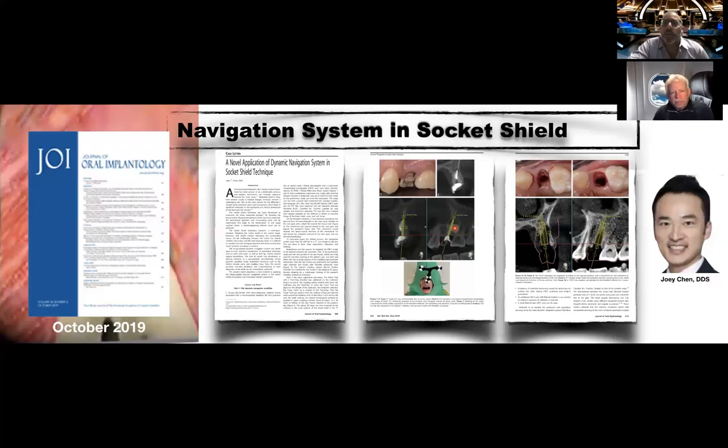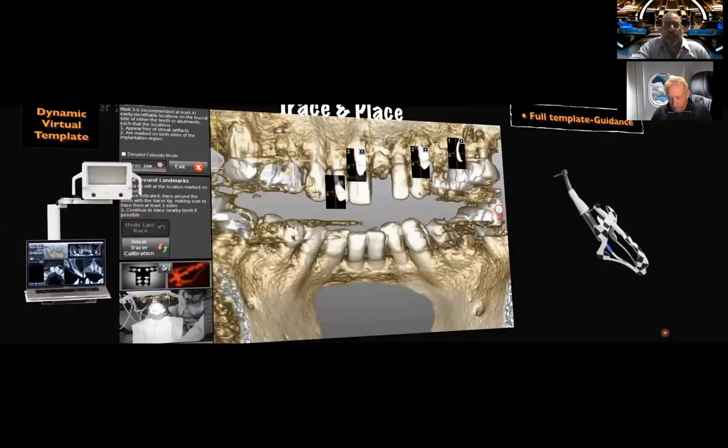But it shows you step by step how to do what I'm going to show you in a moment, which is to plan a miniature implant, find your apex, and then look almost like a sonogram where you're cutting along to cut out this root, and plan an implant placement and place that implant into that exact position. So congratulations, Joey, on this article from October.